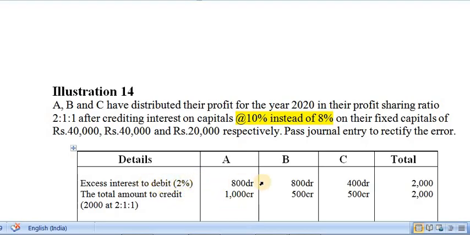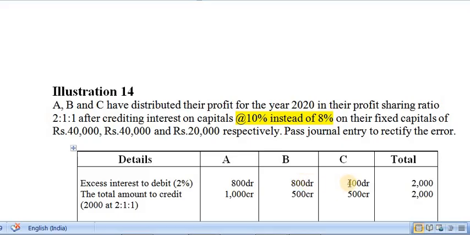Now, excess interest debited 800, 800 and 400. I hope this is clear to you. Instead of 8%, profit was given at 10%. That means these partners got 800 extra, more than what was normal.